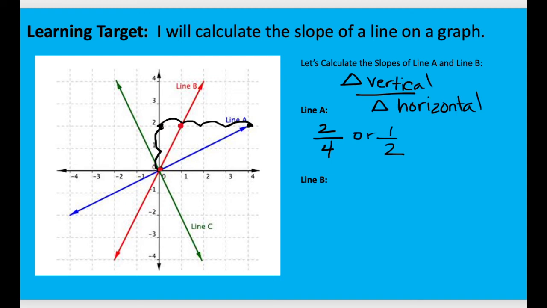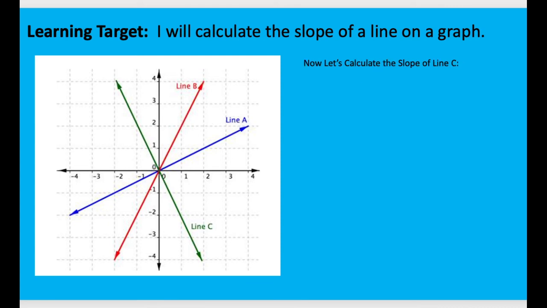To go from this point to this point, I need to go up 1, 2 units. So the numerator is 2. The horizontal change is to the right 1 unit, so the denominator is 1. So the slope of line B is 2/1, or I could also just write it as 2. My prediction was correct in that line B had a greater slope than line A, because 2 is definitely greater than 1/2.